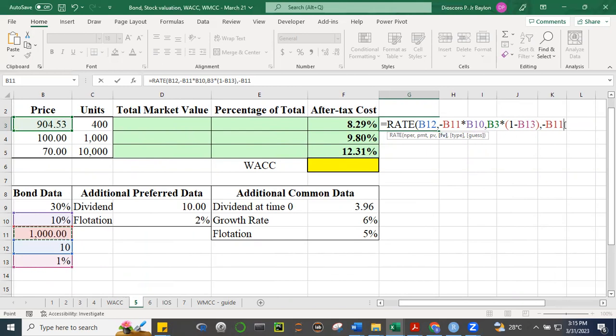Or pwede nating ibaliktad yung direction, it doesn't matter. Kung positive yung PMT at saka yung future value, tapos negative yung present value. Basta ang alam natin, dapat pareho yung direction ng PMT at saka ng future value. Di ba? Kasi we borrowed money, so we will have to pay regular interests, plus at the end of the term, babayaran natin yung principal na 1,000.